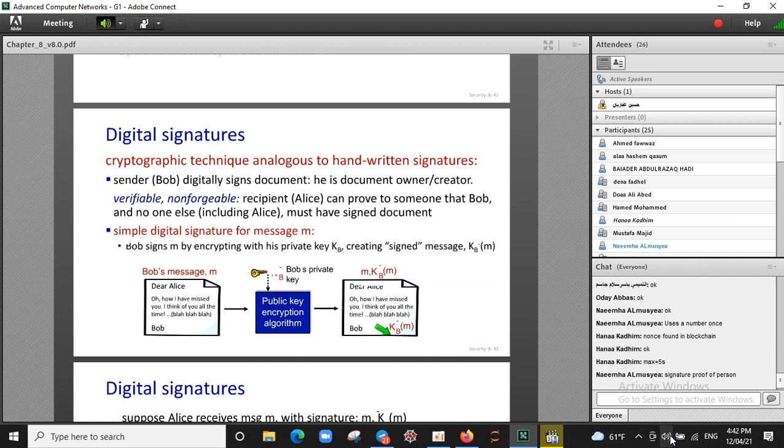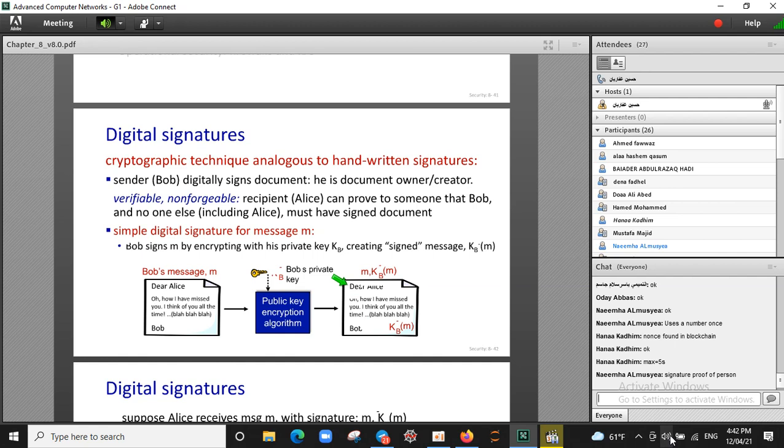Look at this one here. This is the main text of the message. And finally, that encrypted text we are using as a signature. We are putting it at the bottom of this letter, and this message is sent to Alice.